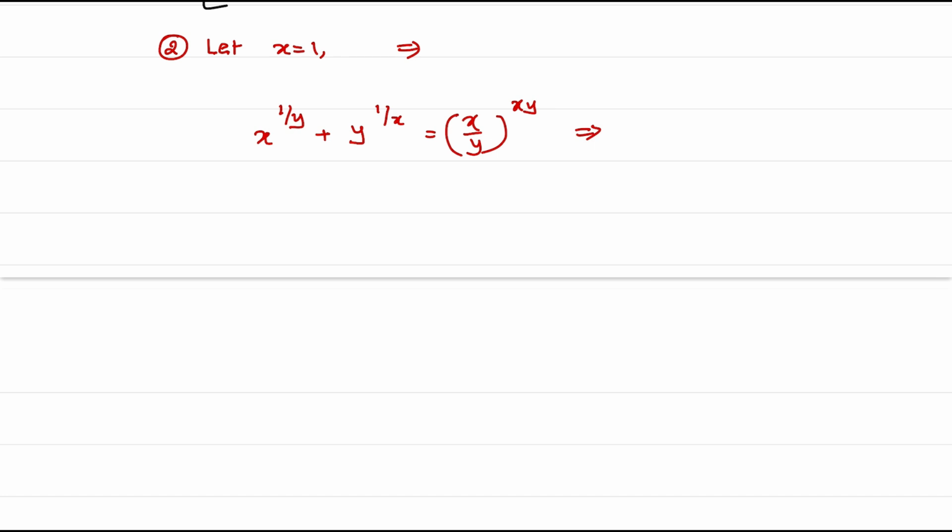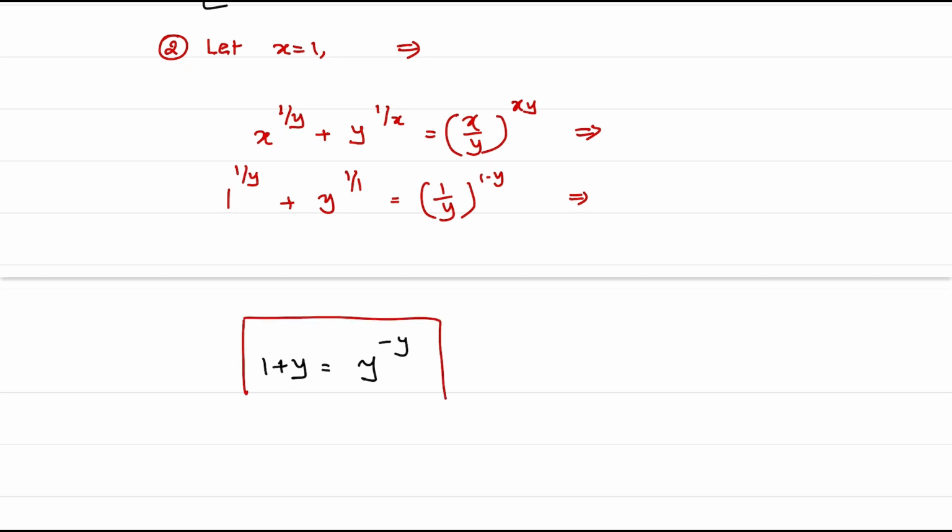Replace x with 1. 1 to the power of 1 by y plus y to the power of 1 by 1 is equal to 1 by y to the power of 1 into y. That implies 1 plus y is equal to y to the power of minus y. This is the equation we have got.